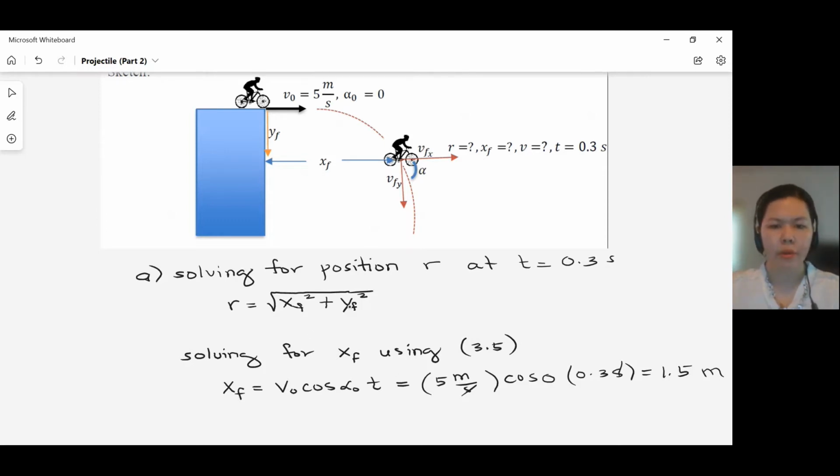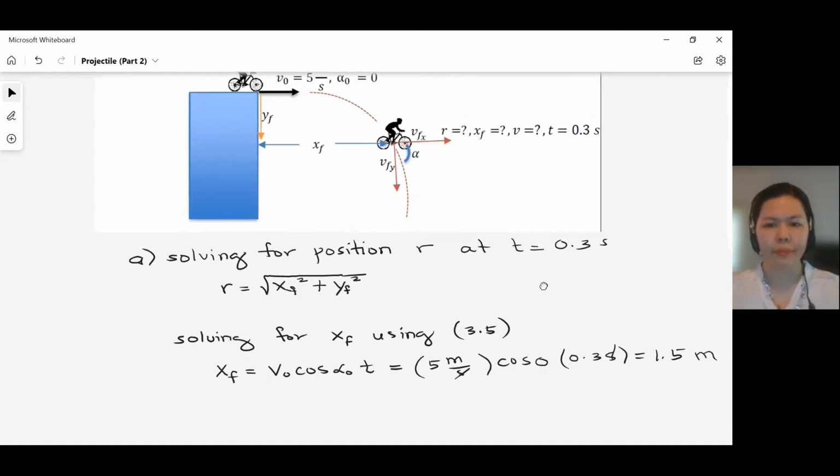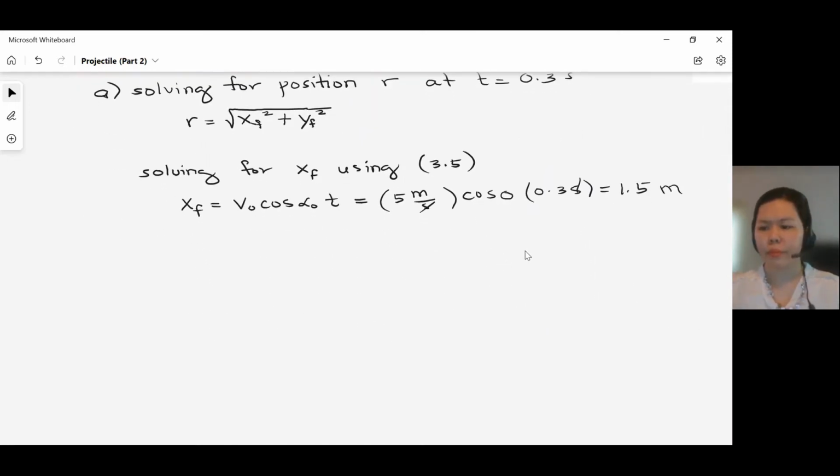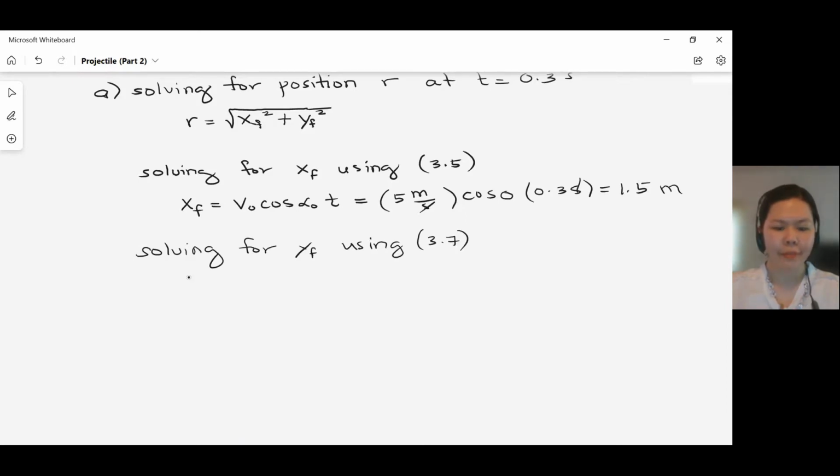And then we solve for yf using equation 3.7. Solving for yf, final position at t equals 0.3 second, using 3.7.